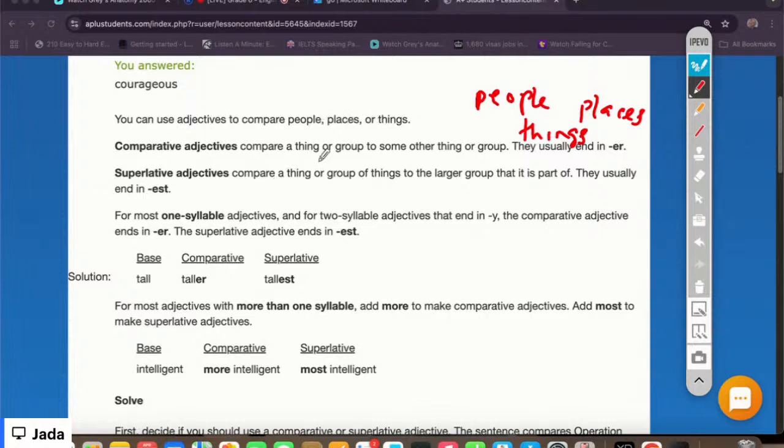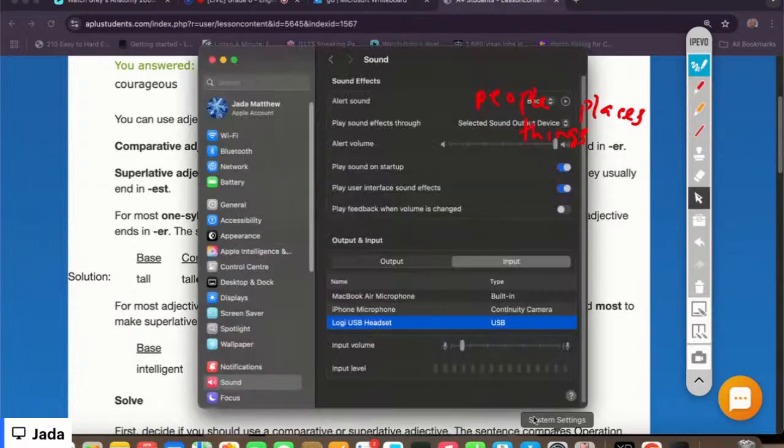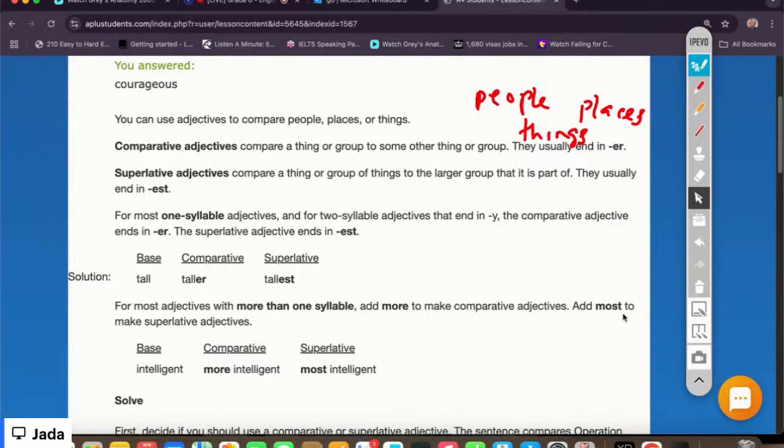Comparative adjectives compare a thing or group to some other thing or group.